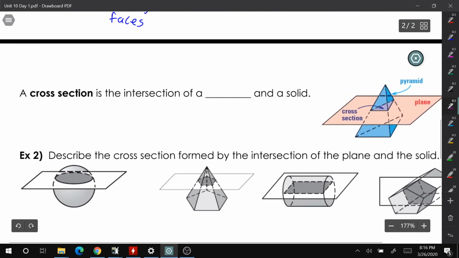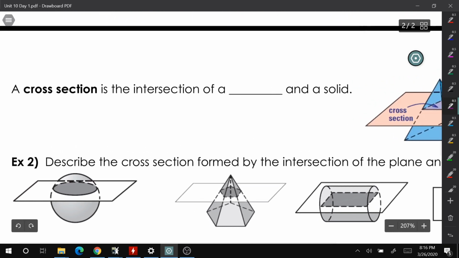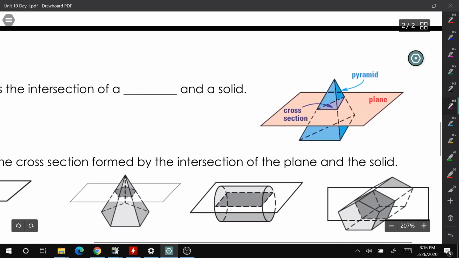We're going to learn about something called a cross-section. So the cross-section is the intersection of a plane and your polyhedron or your three-dimensional shape.